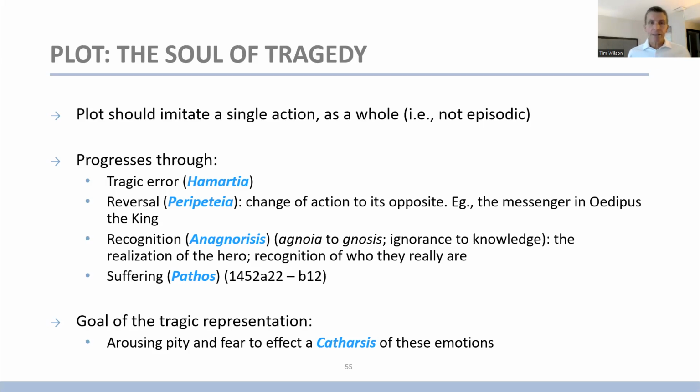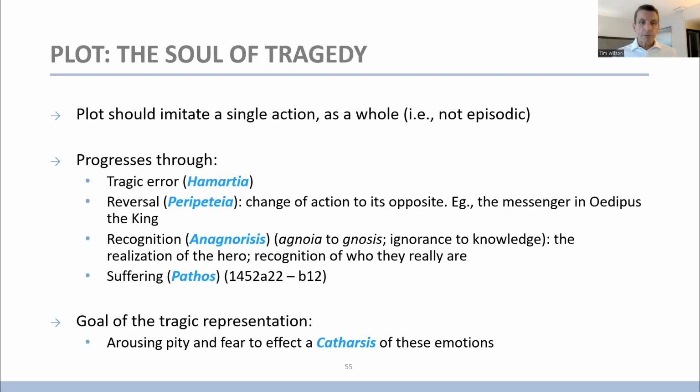Recognition, so there's this anagnoresis, a movement from agnoia, not knowing, to gnosis, ignorance to knowledge. And the realization of the hero, that's what this anagnoresis is, it's a recognition often of who they really are. The Oedipus the King example is a good one. And for Aristotle, the best ones are where the peripeteia and the anagnoresis occur at the same time. And again, Oedipus the King is his example.